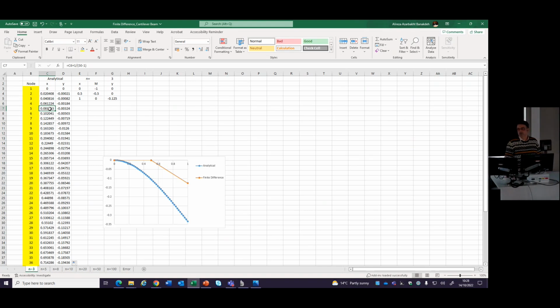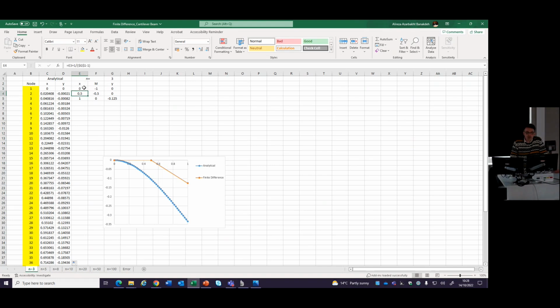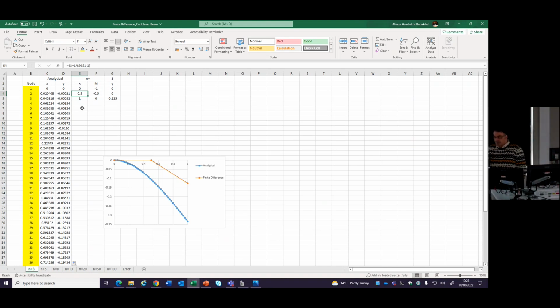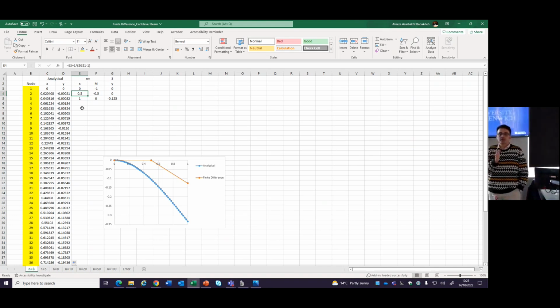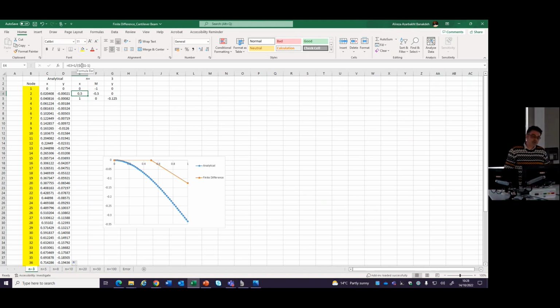I want that because I want to use different numbers. But here, I don't want to change n, because n should be constant in all the formulas. When I want something to be constant, I put $ for both the column and row. Each dollar, when it comes before something, keeps that constant when you repeat the formula and just take this down. Okay?